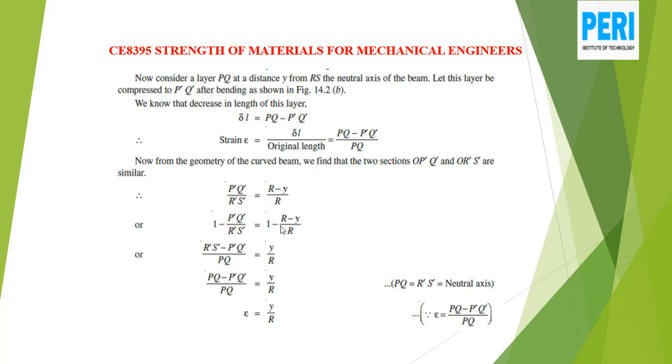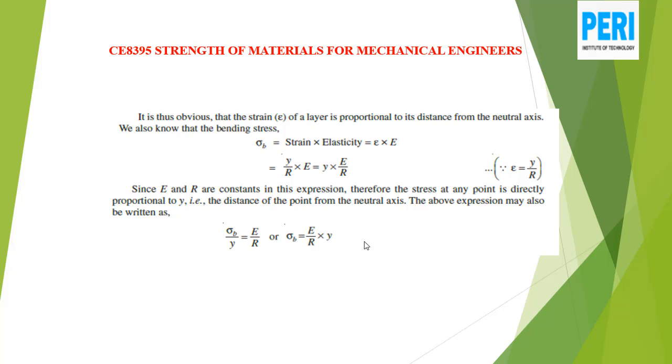Simplifying, R dash S dash minus P dash Q dash by PQ becomes Y by R. This R dash S dash equals PQ, because in normal sections PQ and RS are all the same. So PQ minus P dash Q dash by PQ equals Y by R. This is delta L by L, the strain, equal to Y by R.